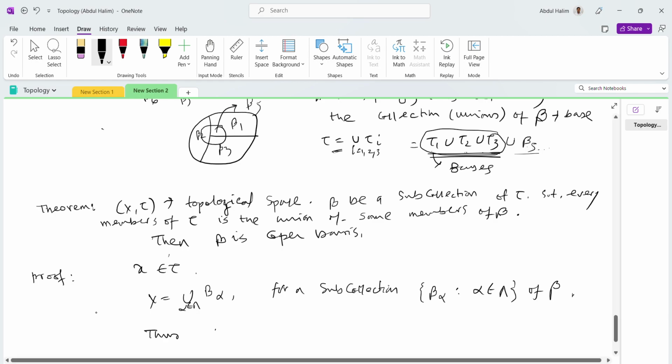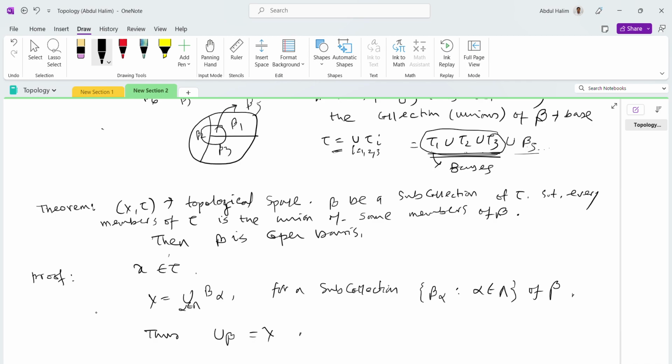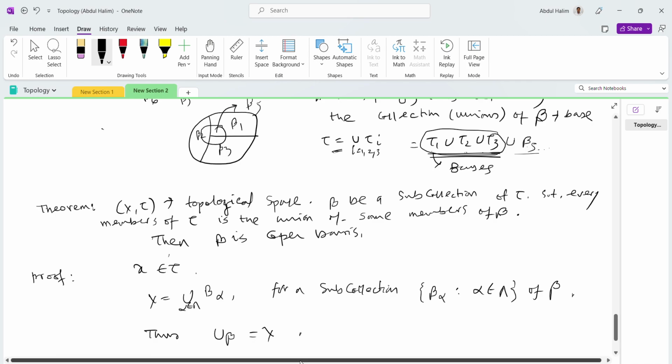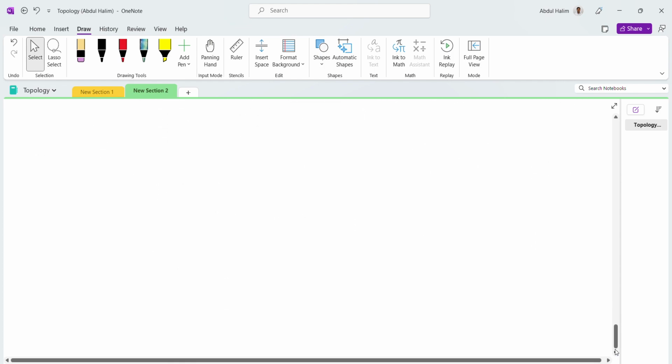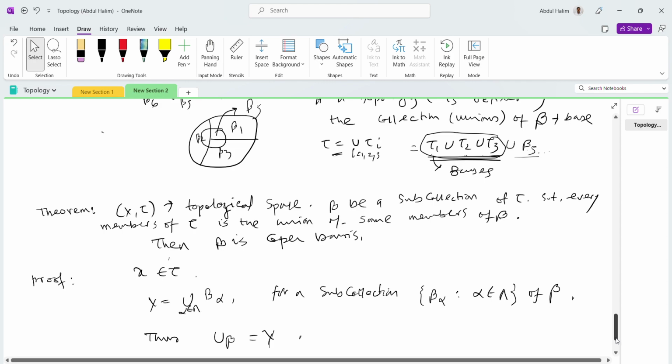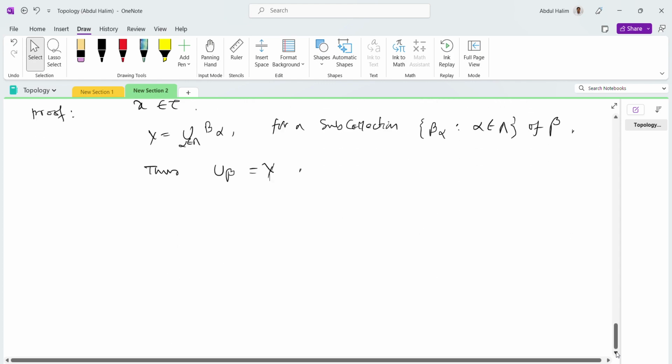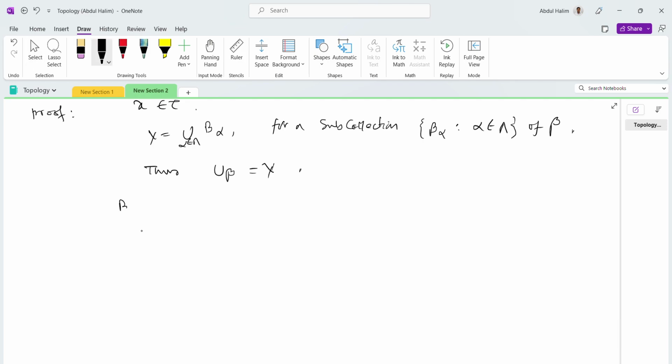X is an element in the topology, and X is equal to the union over the index set of B of alpha, for a subcollection, B of alpha belonging to beta. Thus, the union of beta is equal to X.